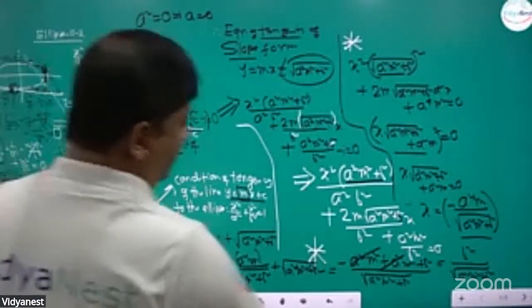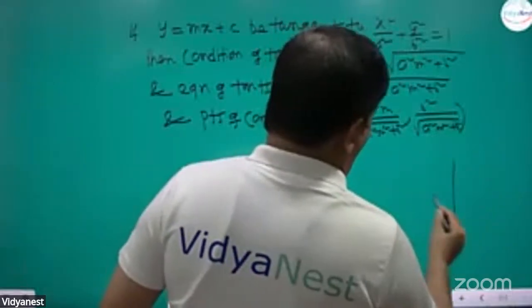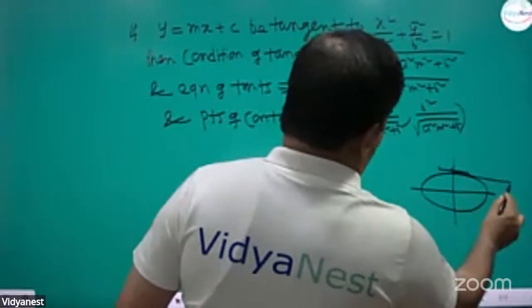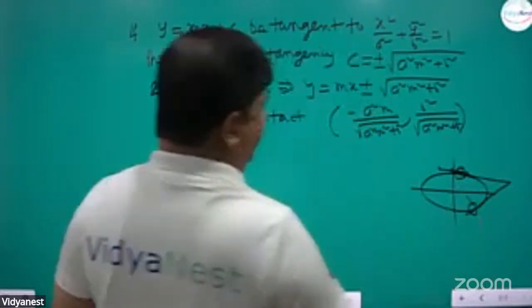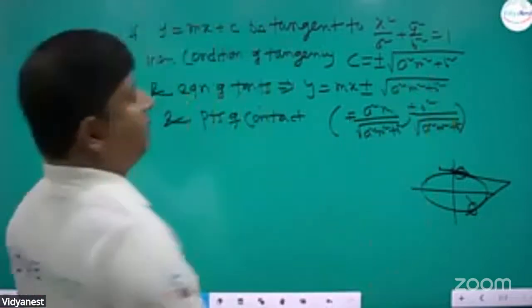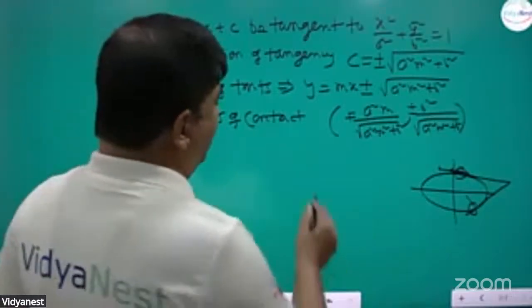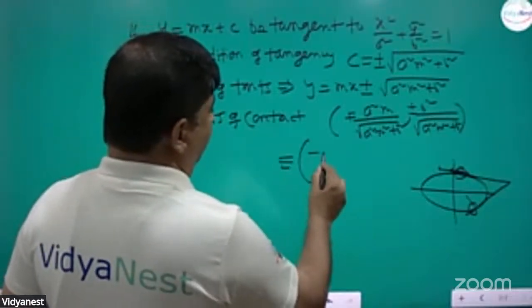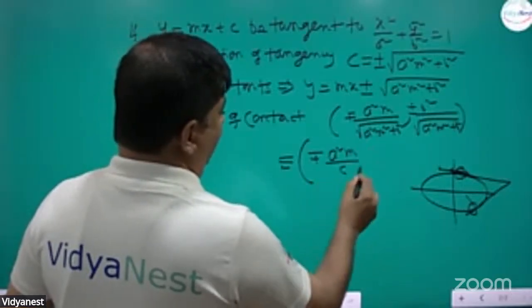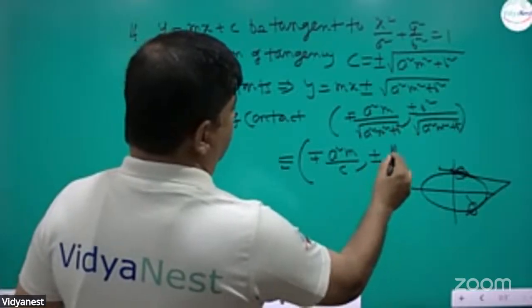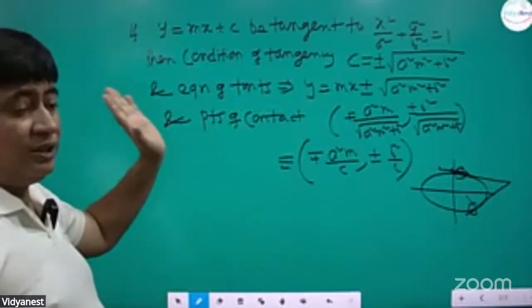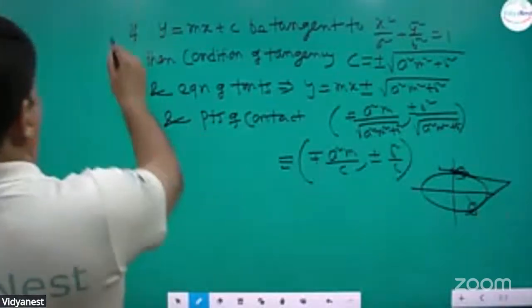Now you can draw two tangents from an external point. Suppose one point is like that, another point. Then minus will become plus, plus will become minus. In a more precise way, instead of this, you can write c, because c is that thing. So this is one important formula for JEE level.